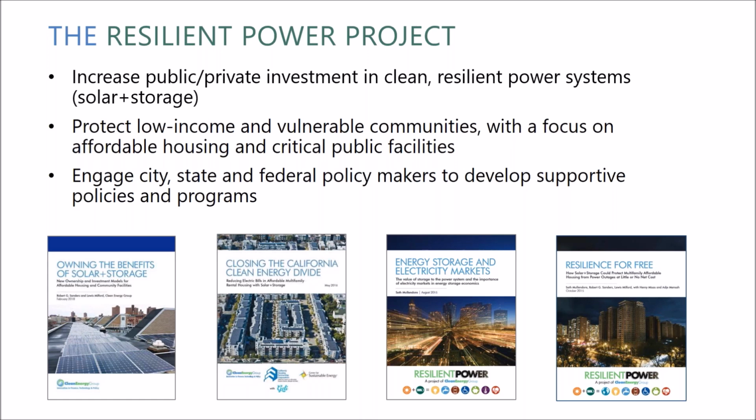During Superstorm Sandy and the recent hurricanes that hit the Southeast and Puerto Rico, we saw that the widespread outages really impacted disadvantaged communities the most, and that the diesel generators pretty much on a wide scale were prone to failure. So we were looking for a better, more resilient and reliable alternative to traditional generators to provide backup power in emergency situations for those communities.